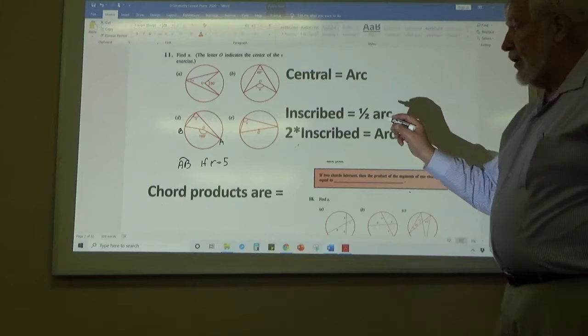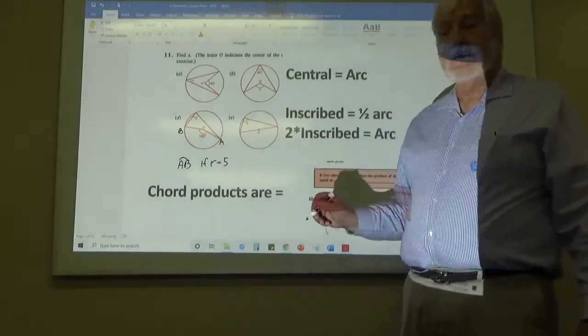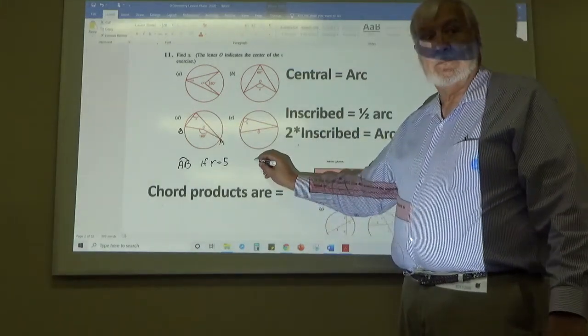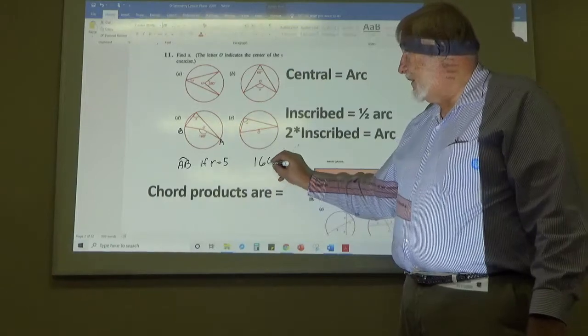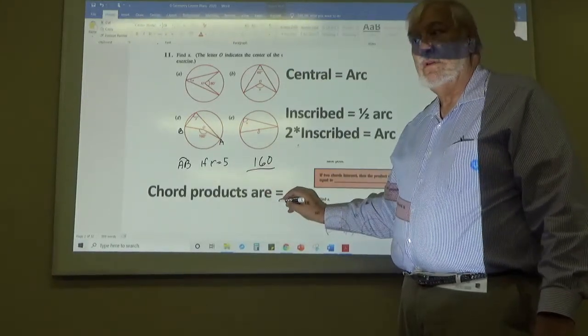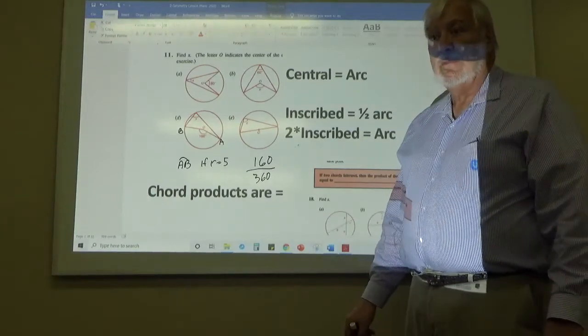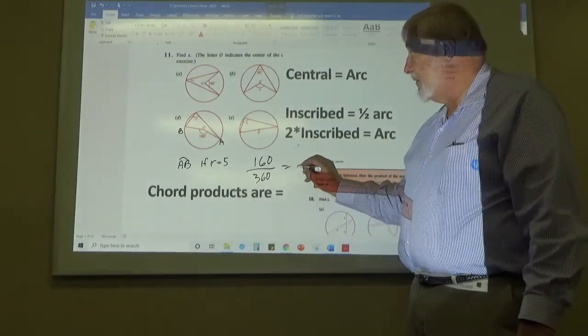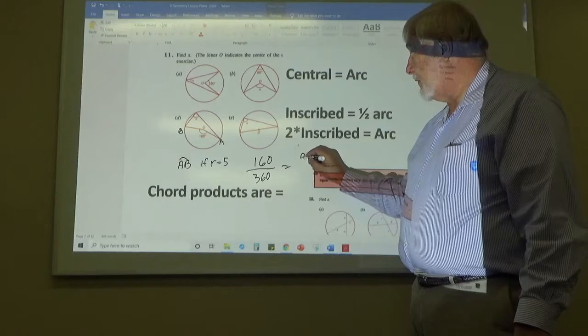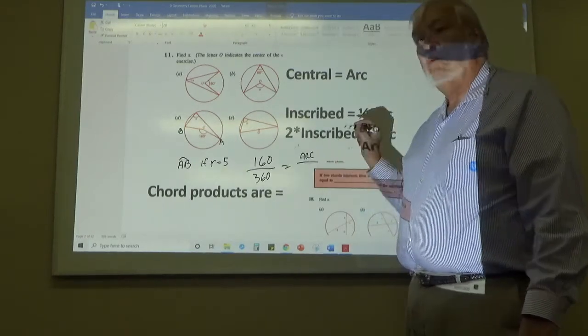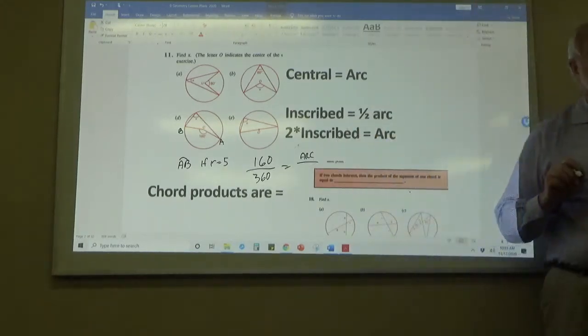Okay. This is 160 degrees, so I say 160 is related to 360 as the arc is related to what? That's what you have to know.